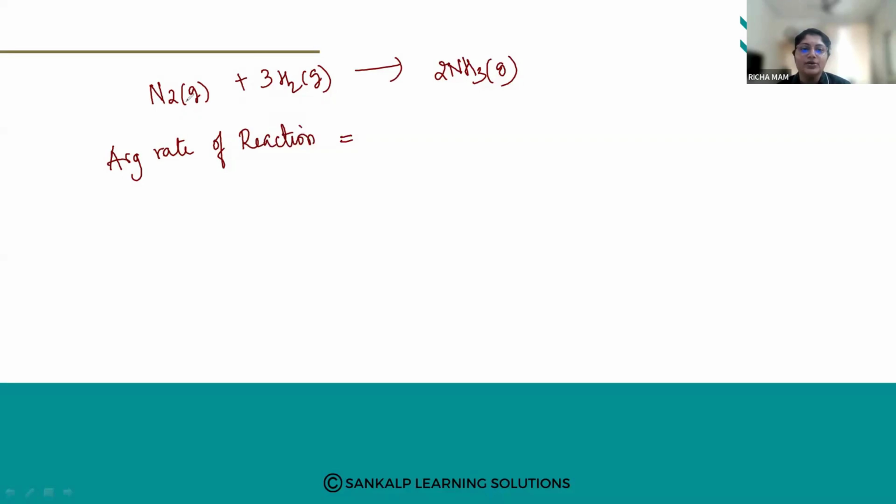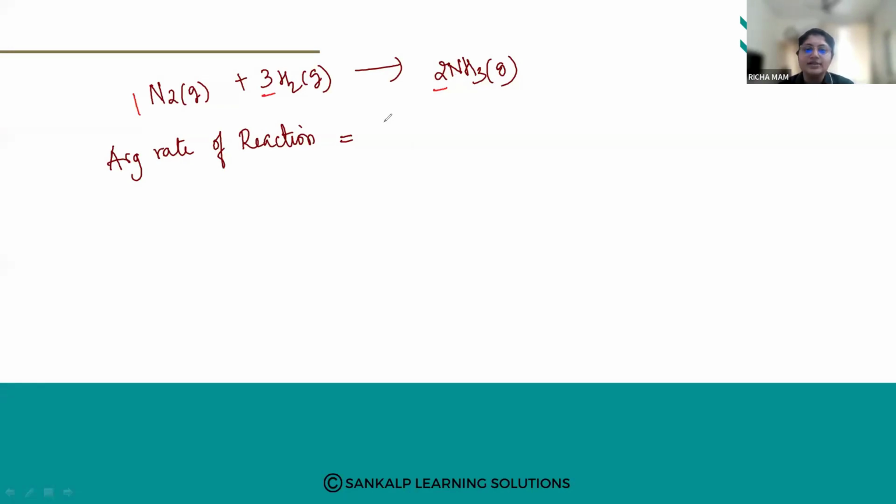How will you write it now? You can see the stoichiometric coefficients: here it is 1, here it is 3, here it is 2. So we are going to take the stoichiometric coefficient and divide the rate of change in concentration by it.